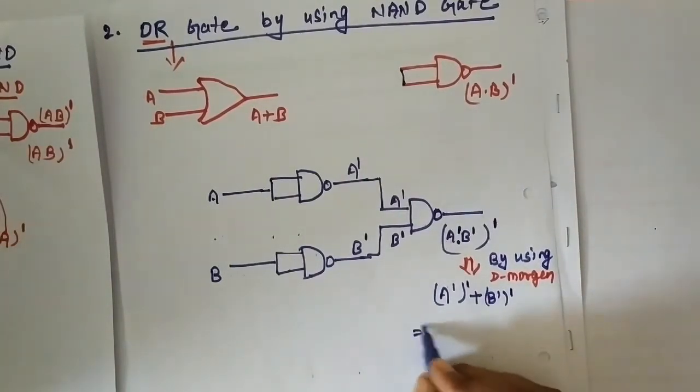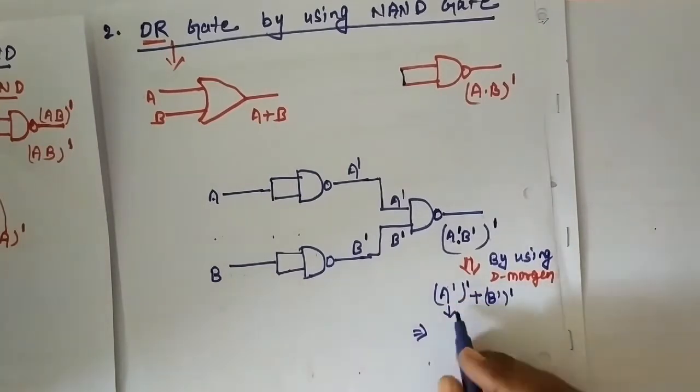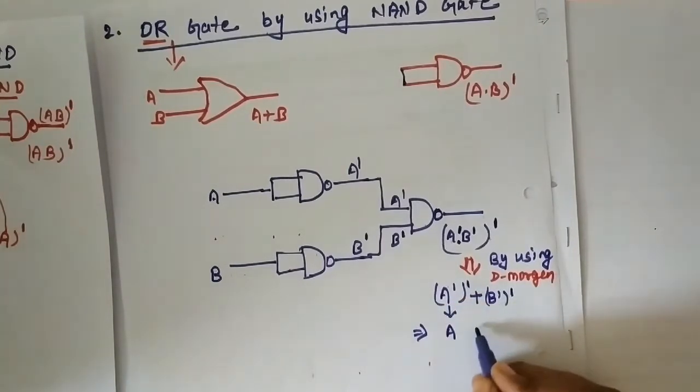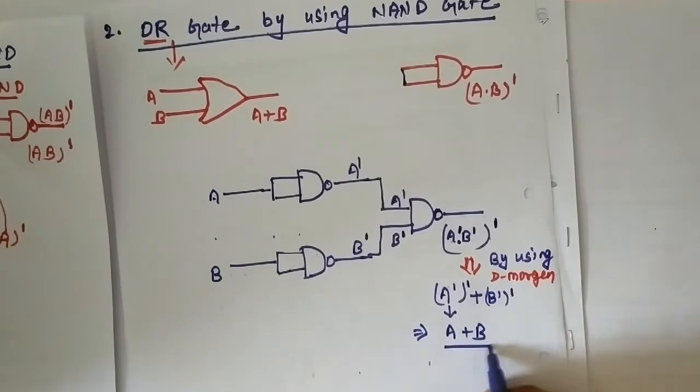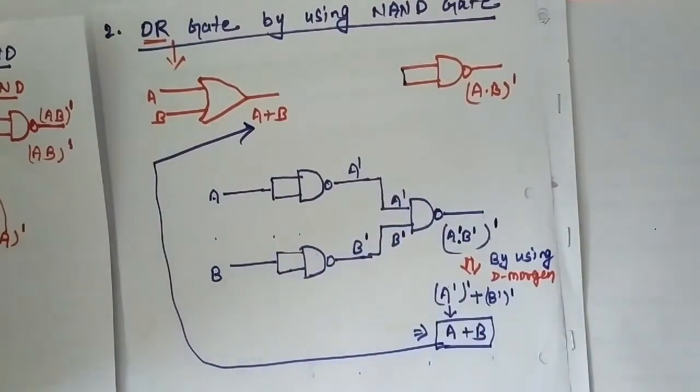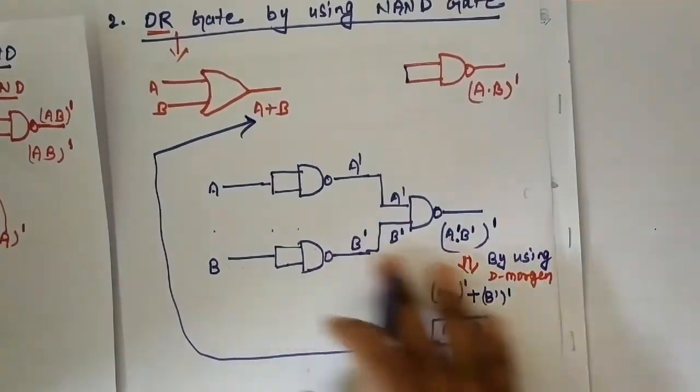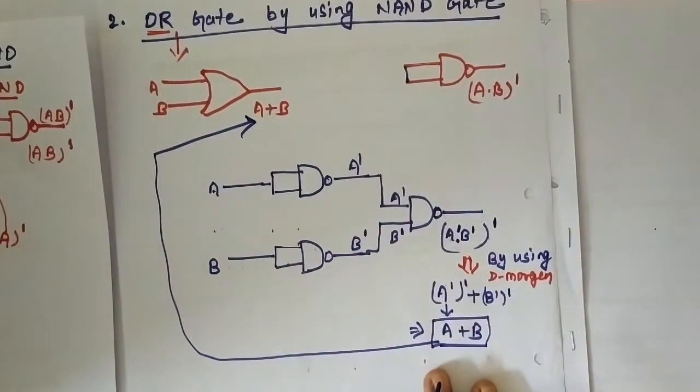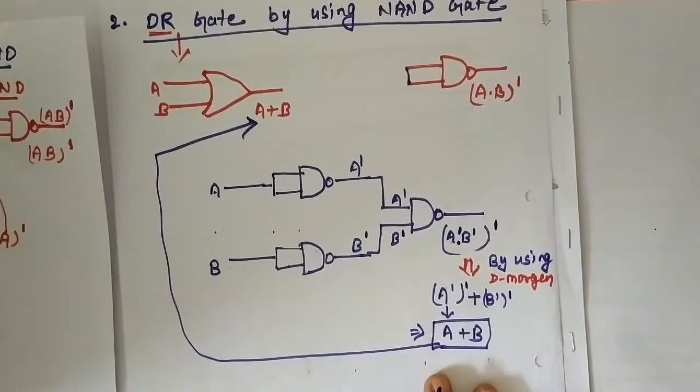So what is the final output? A dash dash is A and B dash dash is B. So the output is A plus B. So this is the output of the OR gate. You can see that we can easily create an OR gate by using the NAND gate. So this is the logic circuit of the OR gate by using a NAND gate.